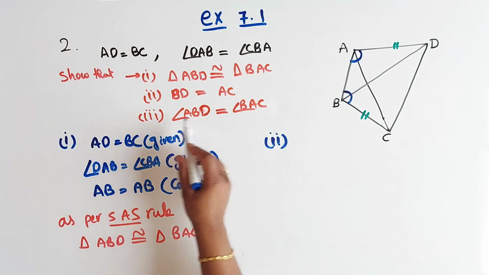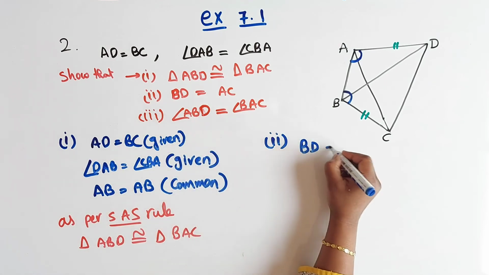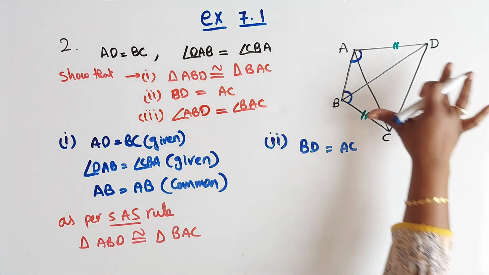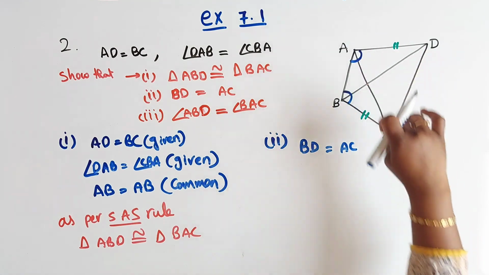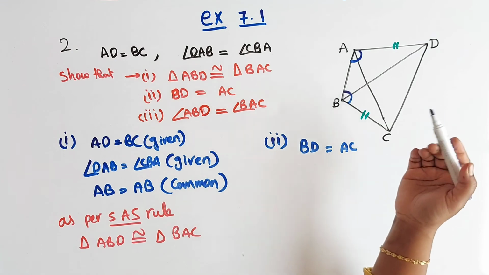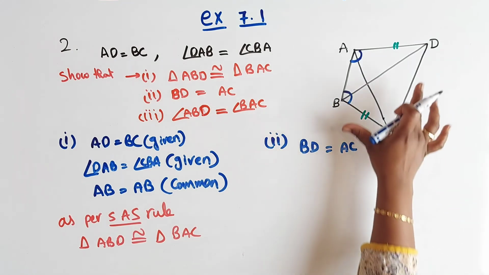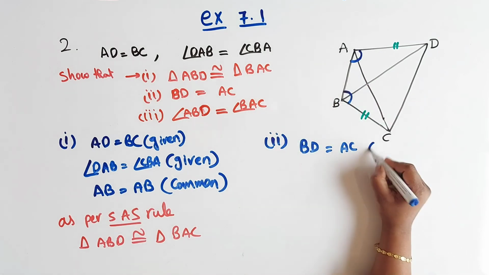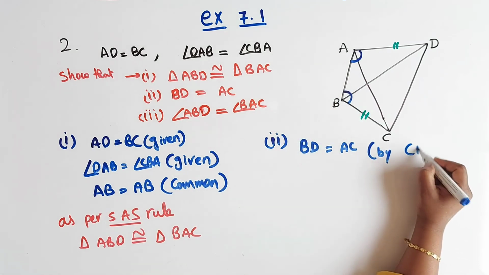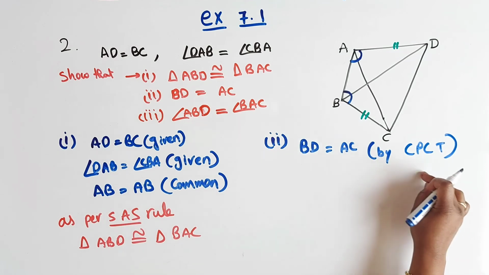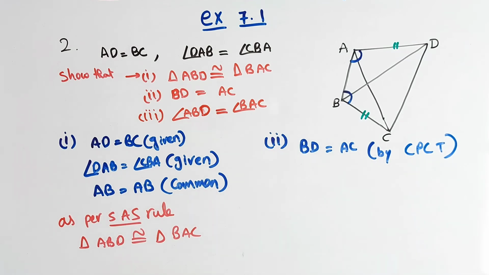Now second one, BD equal to AC. Easily we can make these two sides equal. See here, BD and AC. These two sides are in triangle ABD and in triangle BAC. We can make these two sides equal by applying CPCT. Just now we have learned corresponding parts of congruent triangles, because already these triangles are congruent, right?